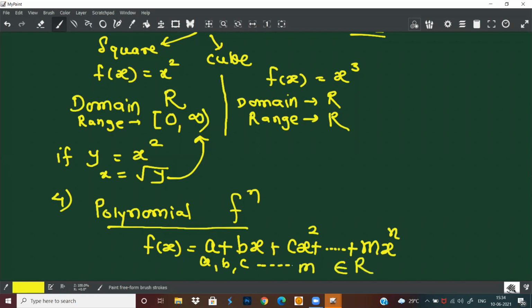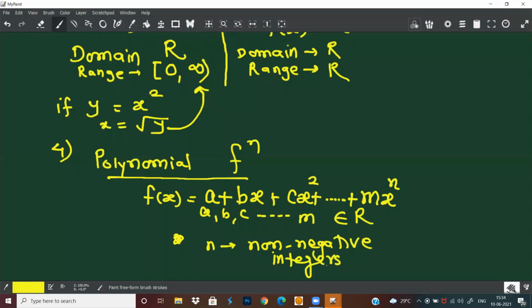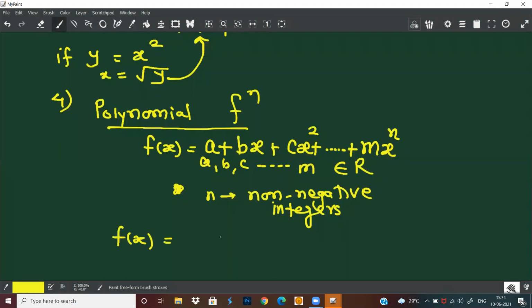And powers of x, x raised to 1, x raised to 2, they are non-negative integers. n non मतलब जीरो या पॉजिटिव इंटीजर्स, मतलब होल नंबर्स. You know, I can have f of x as 3 minus 4x plus 5x square plus 7x cube. ये हो गया मेरा polynomial function.